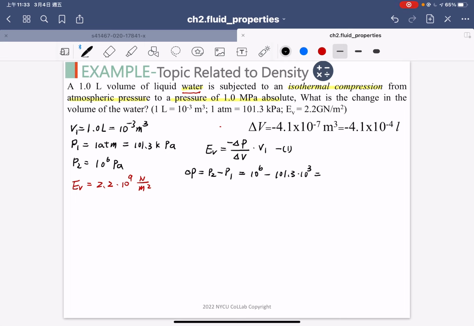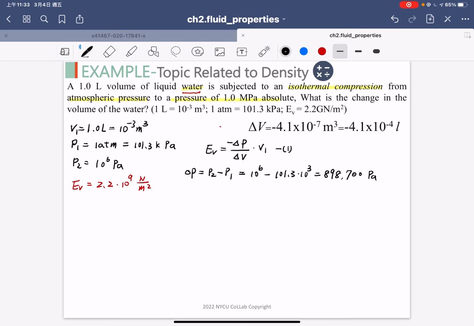So you can compute the answer first. We have 1 million Pa minus 101.3 multiplied by 1000. So the pressure difference is 898,700 Pa.